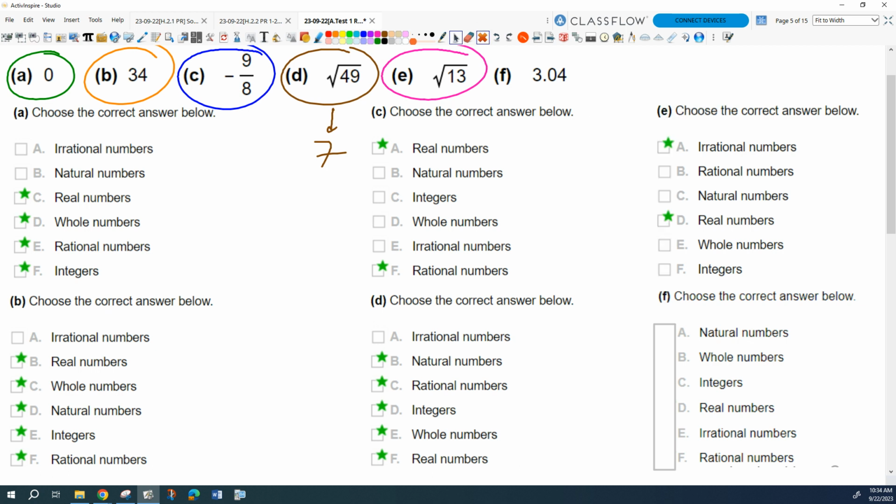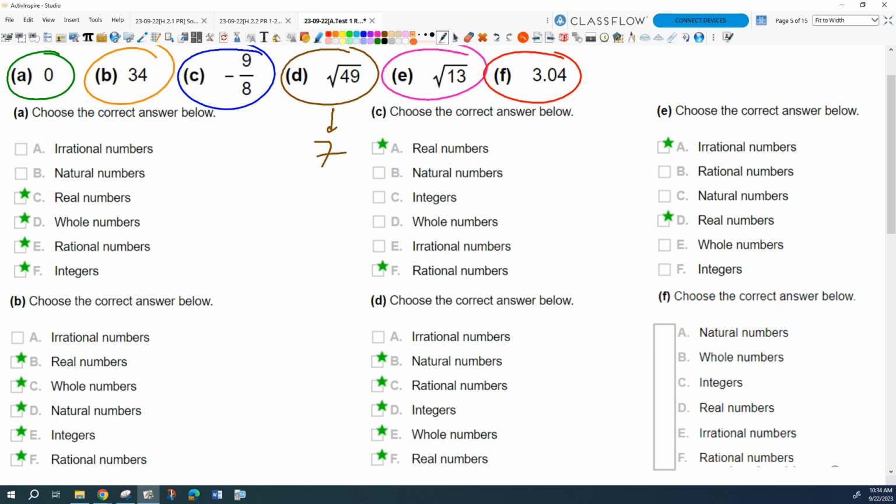And then finally, we got a decimal here, so we got to be careful on this one. What is significant about that decimal? What about that decimal tells us what kind of number it is? Okay, it doesn't repeat. Does it go forever? So what's it do? Terminates. Good.